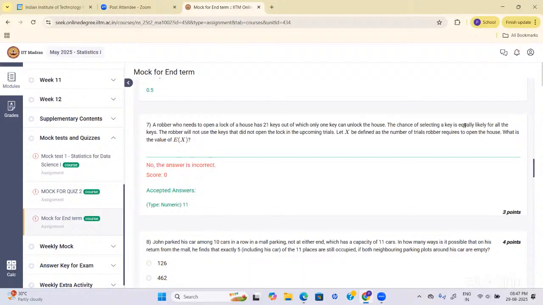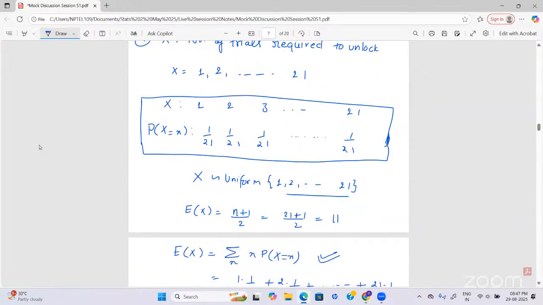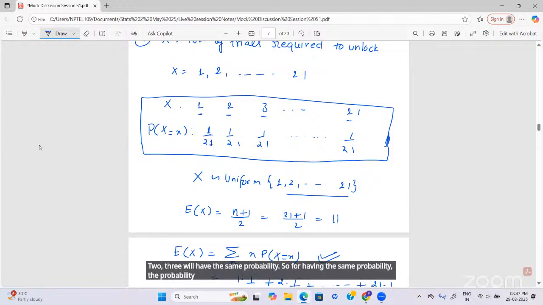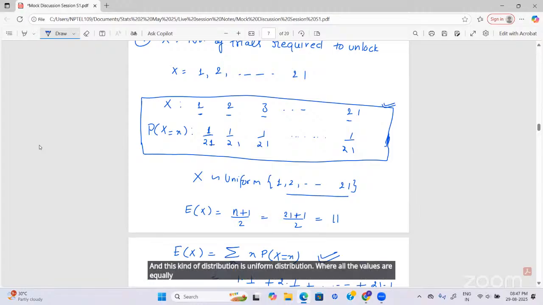Here X is taking the values 1, 2, 3 up to 21, and all these values will have the same probability, which should be 1 by 21. This kind of distribution is a uniform distribution, where all the values are equally likely or have the same probability.